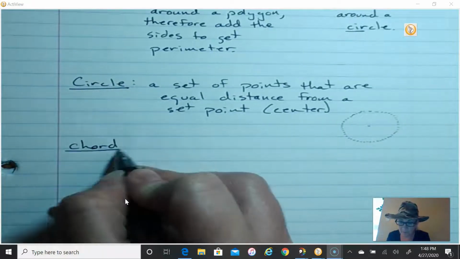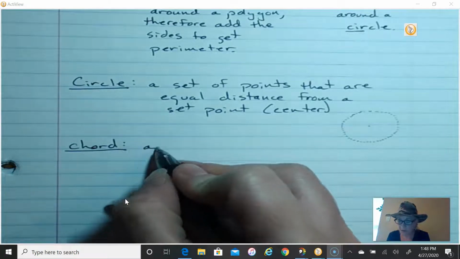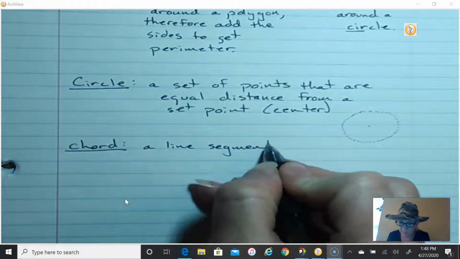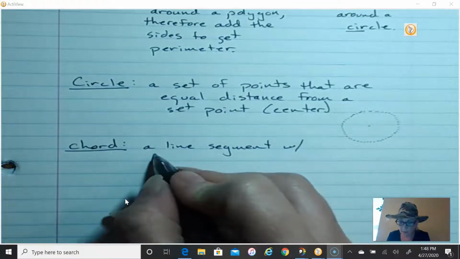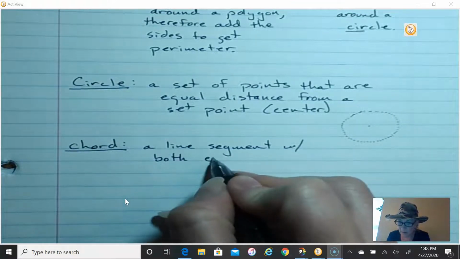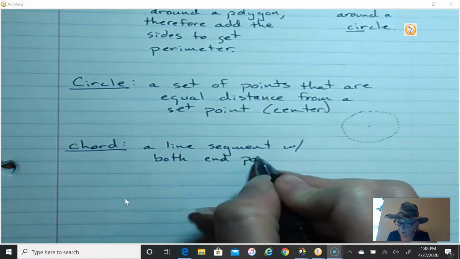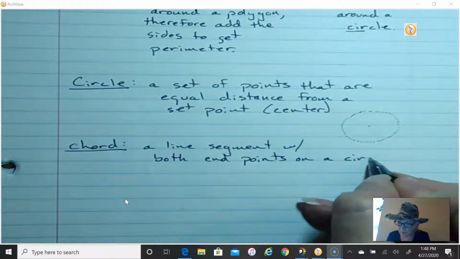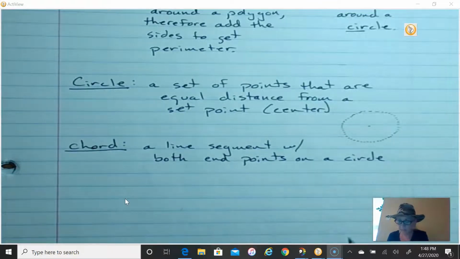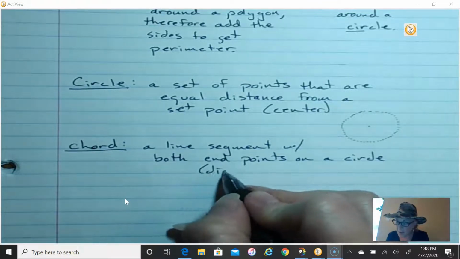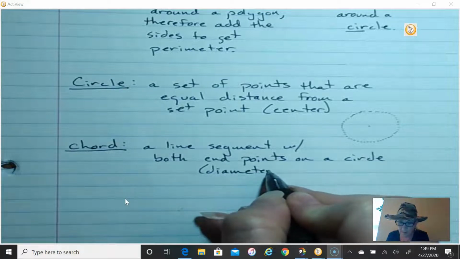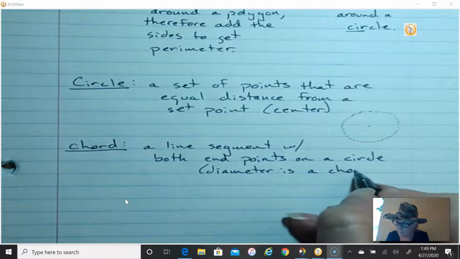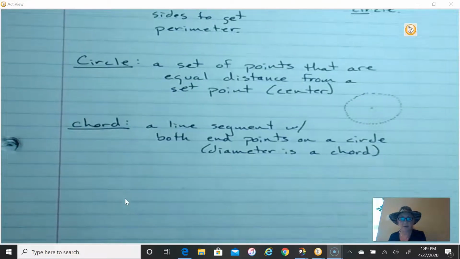Chord. A chord is a line segment with both endpoints on a circle, and a diameter is a chord. Now I'll tell you what a diameter is too if you forgot.